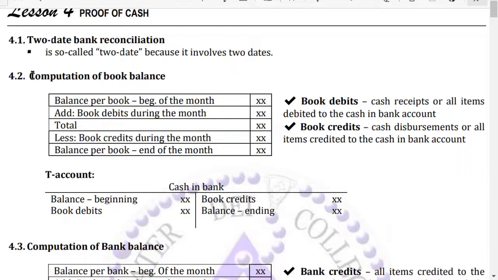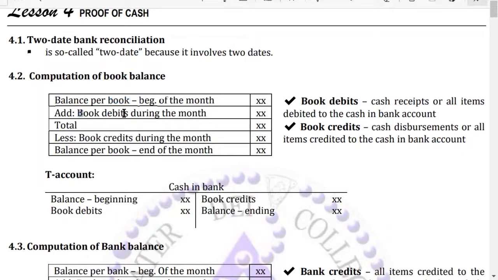You can compute for that, and this is the formula. You will start with the balance per book at the beginning of the month, meaning this is the ending balance last month. Remember, this is book because we're on the side of the book.